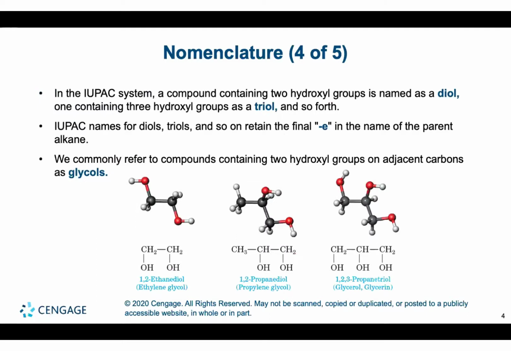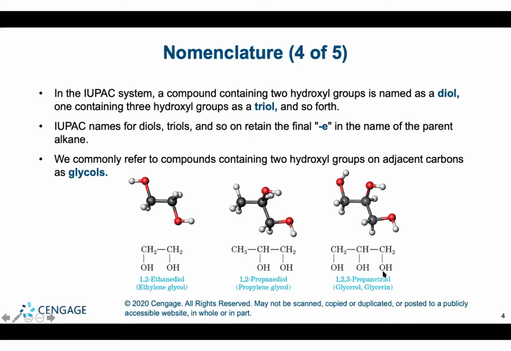Let's go to when we have more than one OH group. We treat them the same as we did for regular alcohols when we had only one OH. But when we have 2 OH groups, we should end up with diol, and when we have 3 OH groups, we should end up with triol.